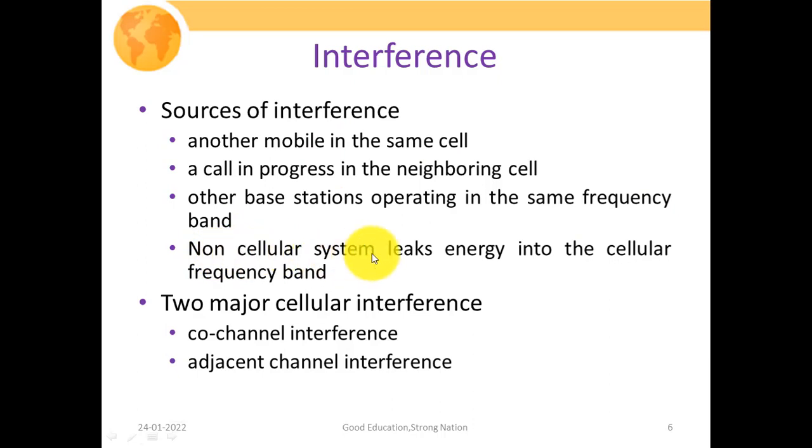Then non-cellular systems leak energy into the cellular frequency bands. There are other systems that generate some RF signal leakage in the cellular frequency band. All these might be the interference sources that affect our communication system. The two major sorts of cellular interference that exist in our cellular communication are co-channel interference and adjacent channel interference.